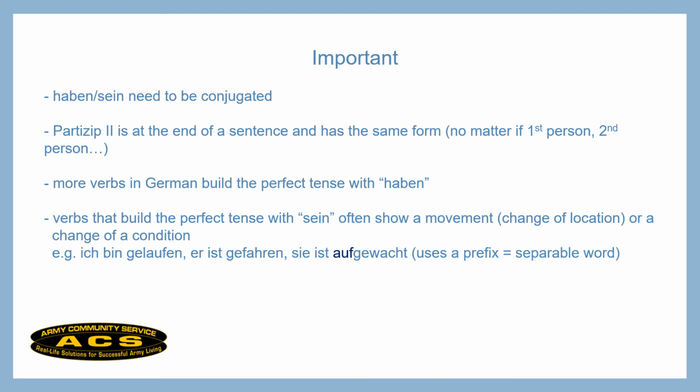So that comes from the verb aufwachen, to wake up. And in that case, I keep the prefix and then I add my ge. But again, aufwachen, to wake up, is a change of a condition because first I was asleep and then I'm waking up. So here I'm also using sein to build my perfect tense.